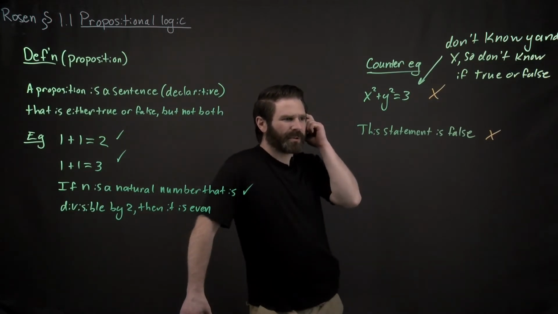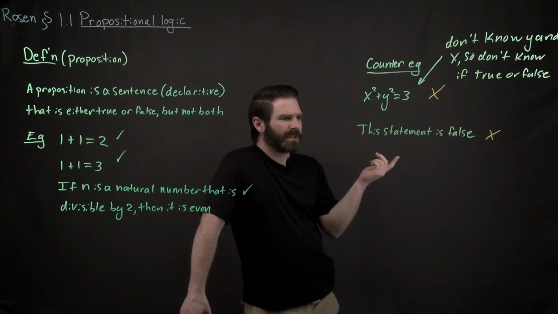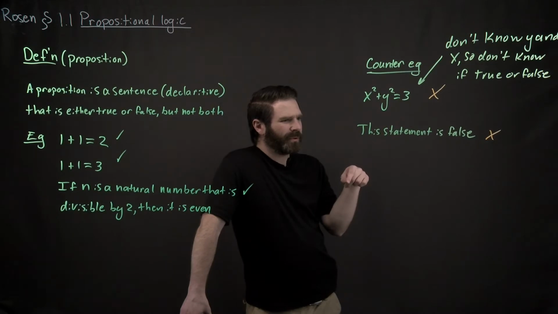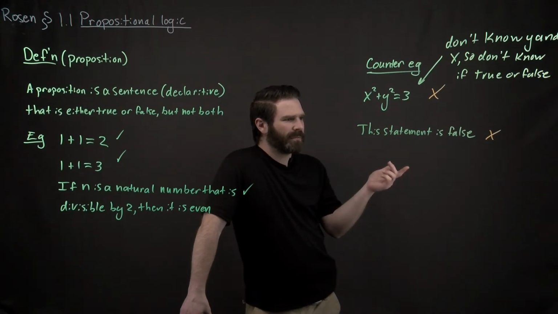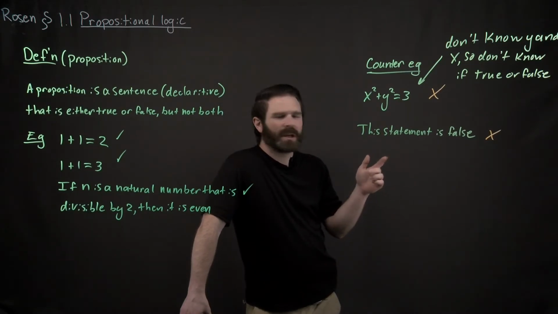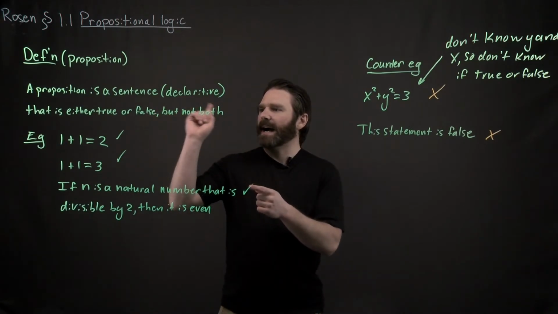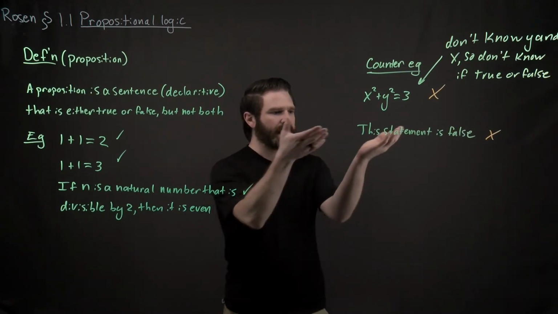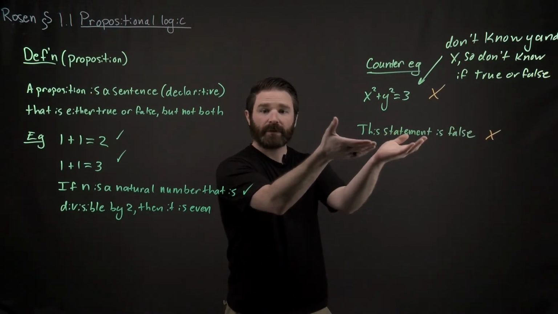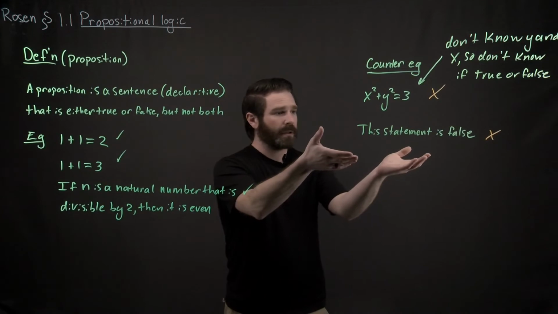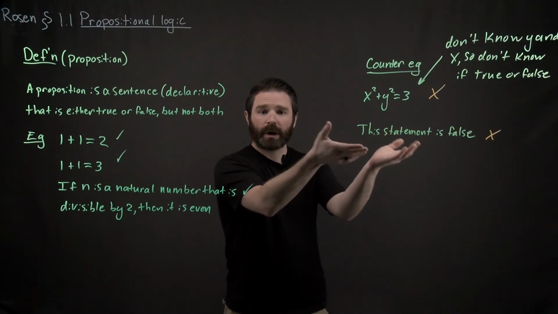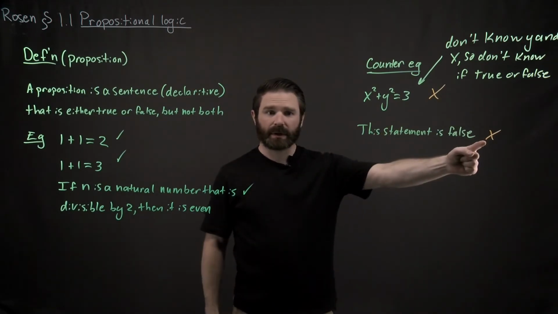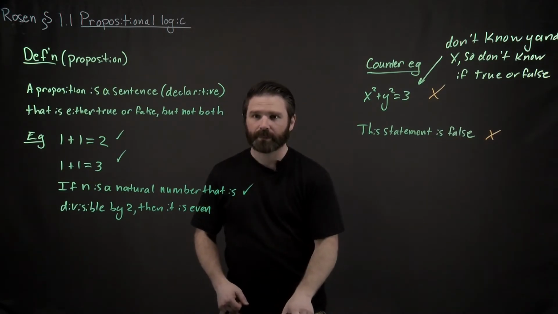Oh, but wait, if it was true, then it would be false. So it's both true and both false, but it's supposed to be either true or false. Wait, but our definition says it has to either be true or false, but not both. It has to take one of those values. This statement right here, even though it is a declarative, is not a proposition. Hence why I say it's a counterexample.